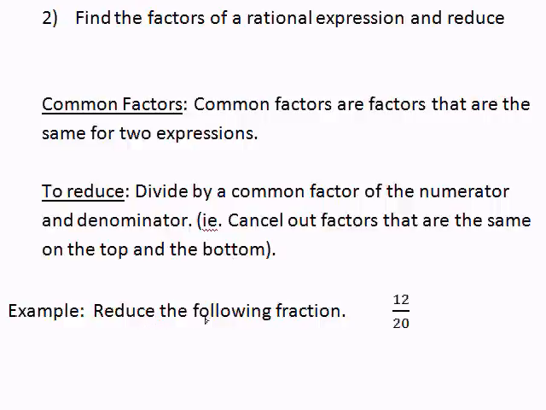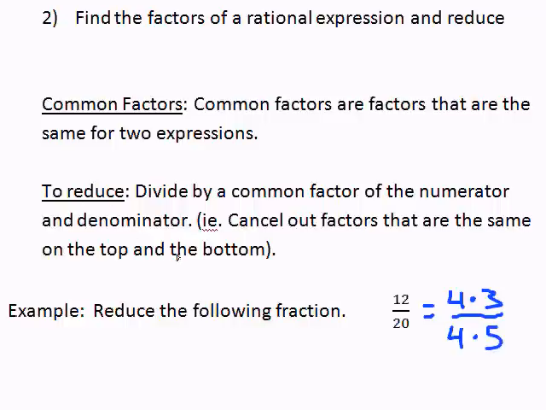For example, reduce the following fraction, 12 over 20. Although we wouldn't normally do this, this is going to be useful for our future problems. I'm going to rewrite 12 and 20 using their common factors. 12 can be written as 4 times 3, and 20 can be written as 4 times 5.